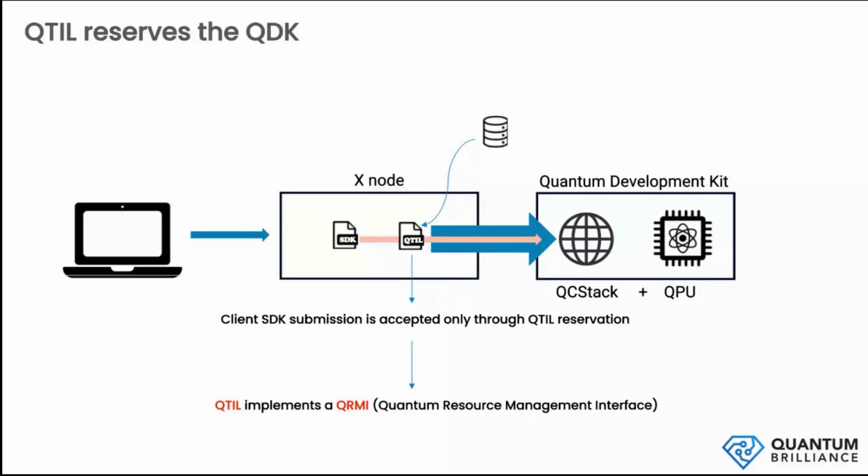And once the reservation is accepted by the QC stack, then any information coming from the client SDK will pass through this reservation tunnel, as you can see depicted here with the arrows. That's the core idea. In previous presentations, we have heard about QRMI, QDMI. Well, QTIL is basically a quantum resource management interface.